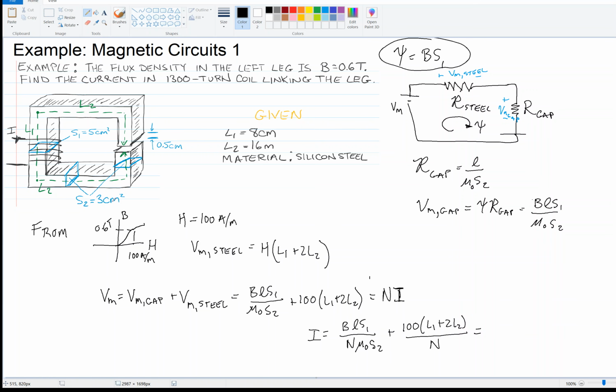This is in square centimeters, so that's 10 to the minus 4 square meters, 10 to the minus 2 times 10 to the minus 2, because it's squared. I plug in everything, and I get 3.09 amps, to 3 significant digits.